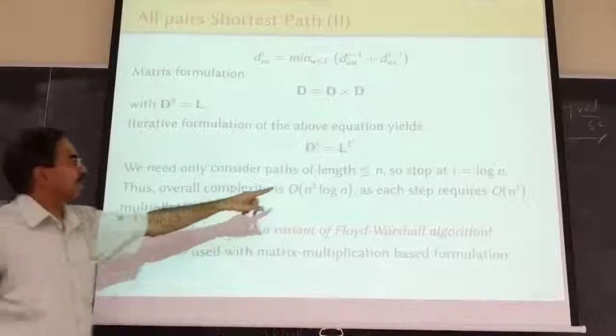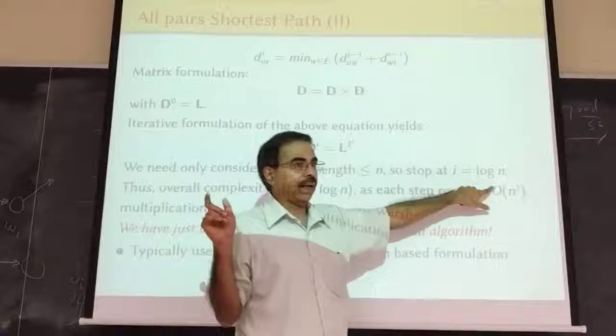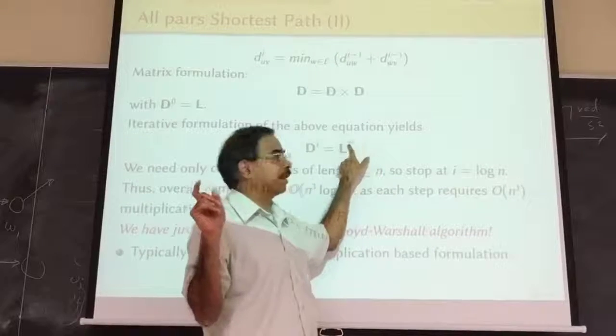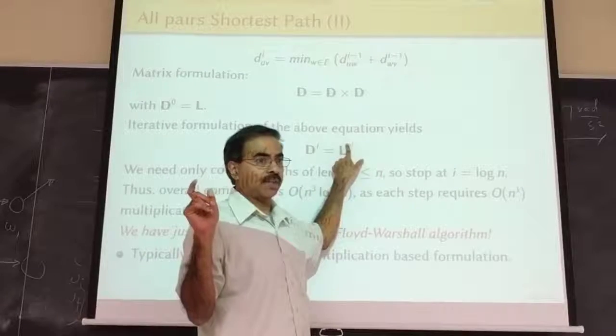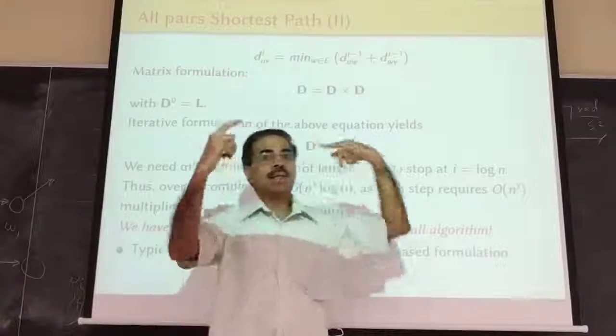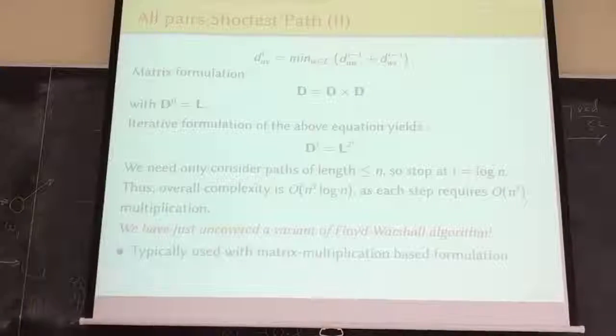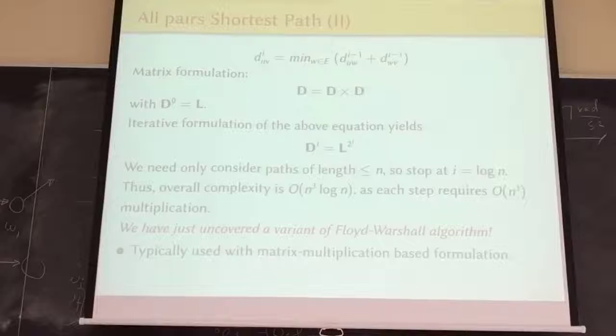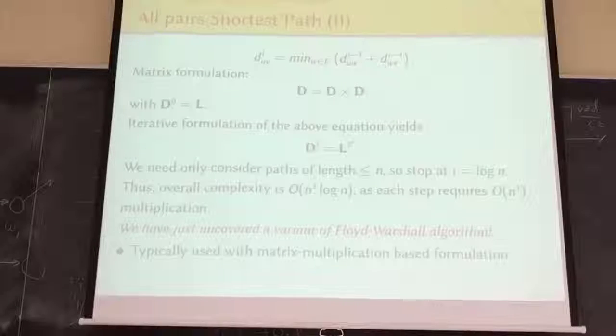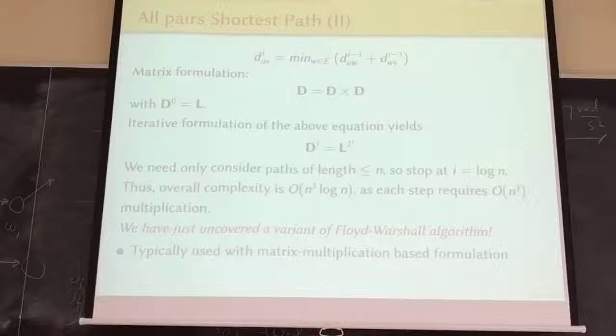So i here needs to go only to log n, because 2 to the power log n is n. So the iteration has to be repeated only log n times. Essentially what we are doing is computing the nth power by recursive squaring.